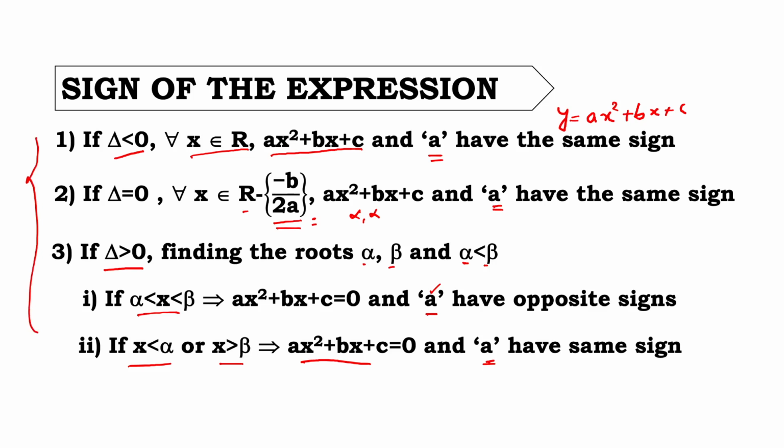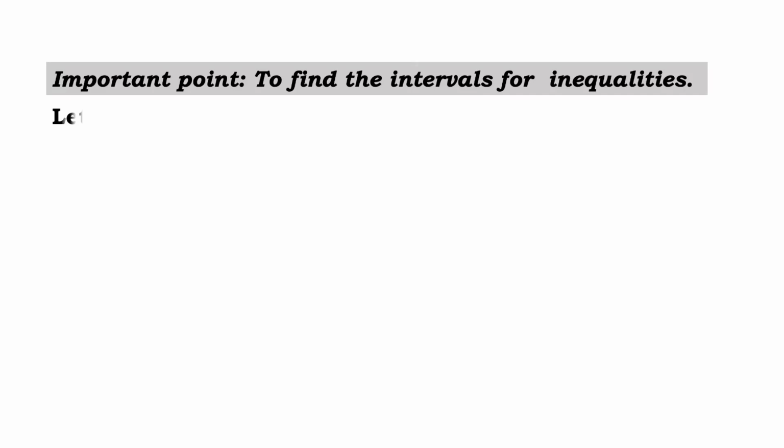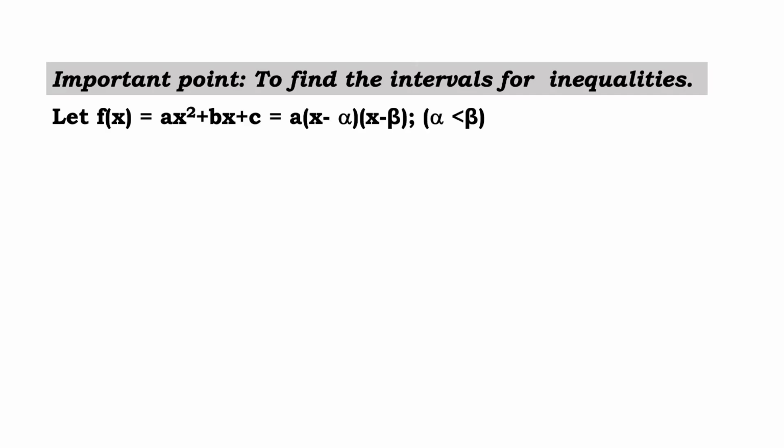So in a nutshell, there are a few important points that you have to remember. If we take y or f(x) equal to ax square plus bx plus c, this will factor into a times (x minus alpha)(x minus beta) if alpha and beta are the roots, with alpha less than beta.